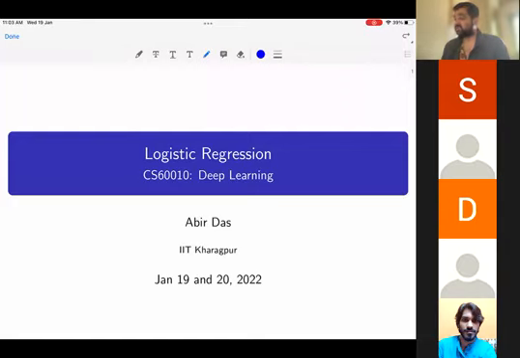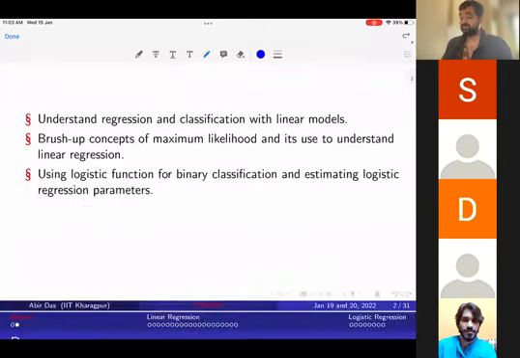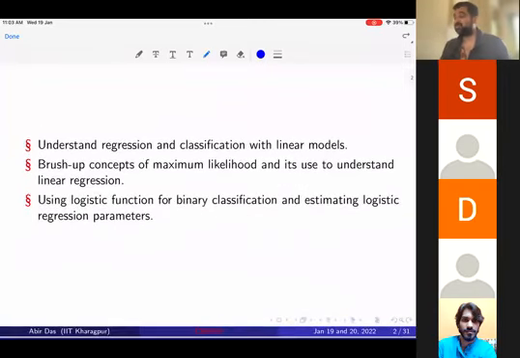And in between, we will brush up concepts of maximum likelihood. Probably in your typical machine learning courses, you might not have encountered the connection between maximum likelihood estimation and linear regression under Gaussian noise assumption. So that we will quickly see.